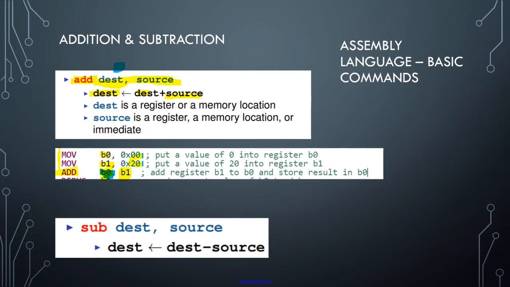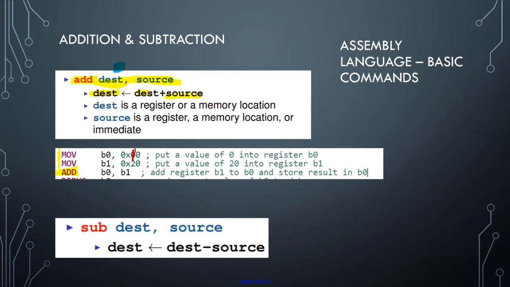Let's switch this up real quick and we'll see another potential outcome here. So instead of 0, I want to make register B0, let's put 10 into there. I know that's kind of hard to see, but bear with me a little bit in our electronic marking here.